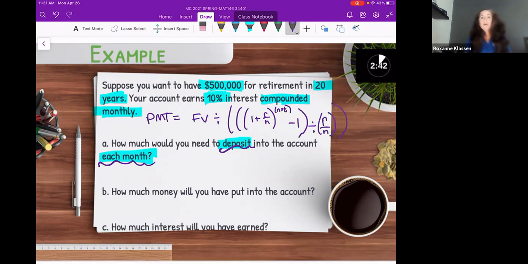Now you can use the TVM solver, right? And this time you're going to solve for payment, but you have to make sure you're solving for the right thing. So see if you can do that formula. If you want to do TVM, think about what you need to plug in for all of these things.